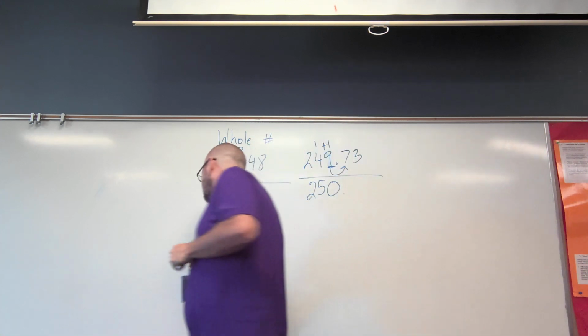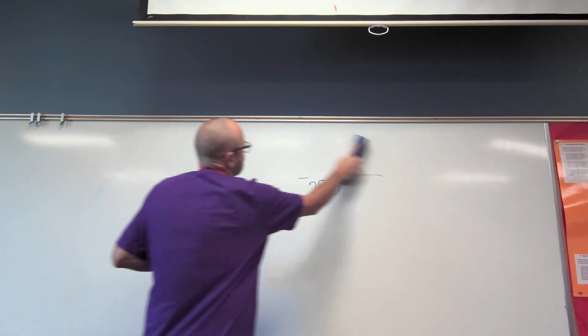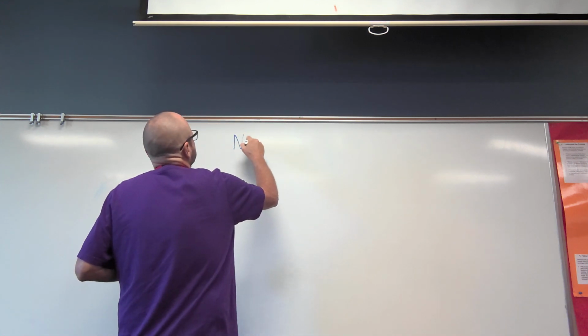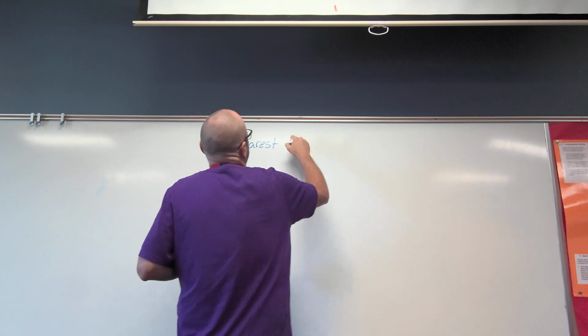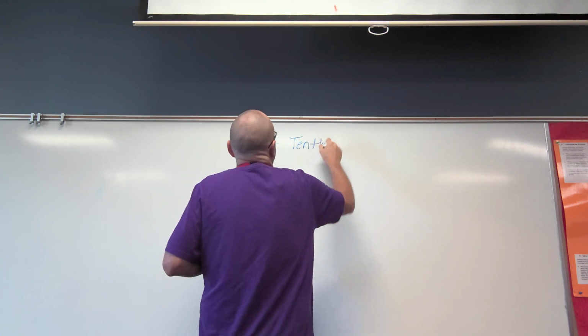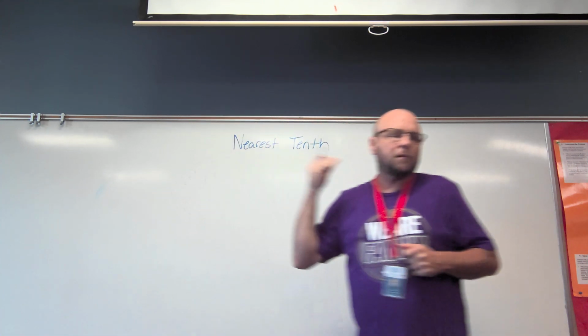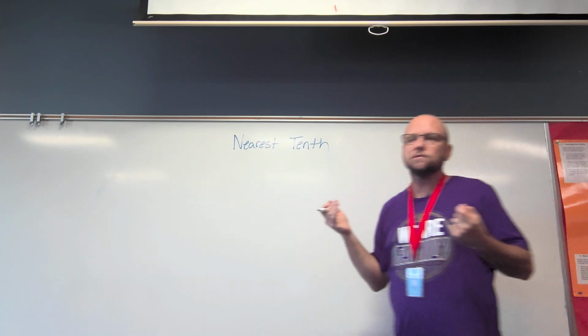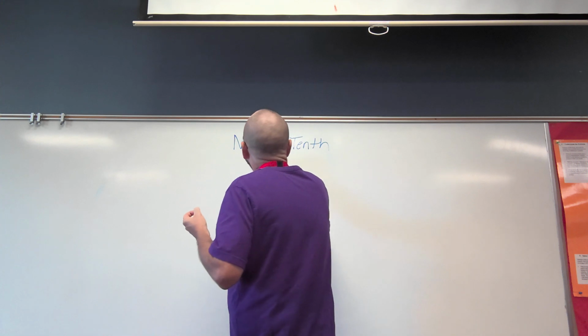Let's look at nearest tenth. If we're rounding to the nearest tenth, the tenths is how many places behind the decimal point? 1. Just think of it like dimes. There's 10 dimes in a dollar.